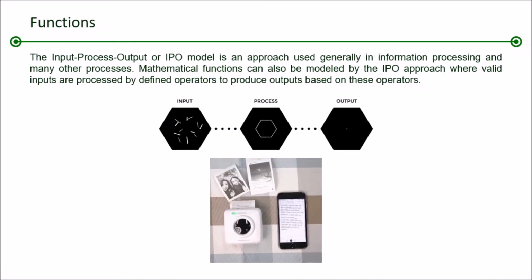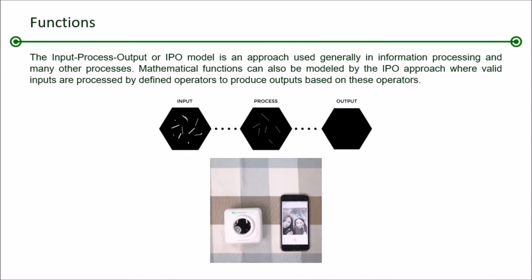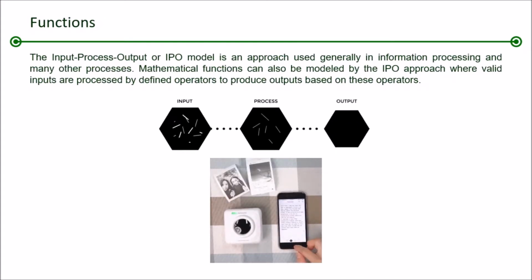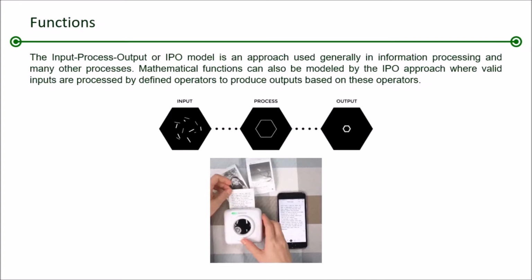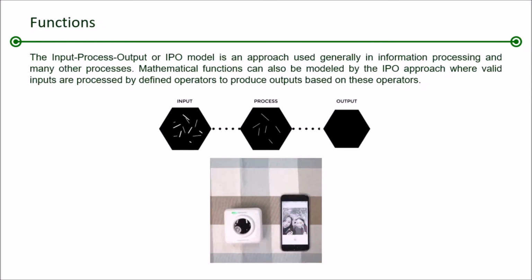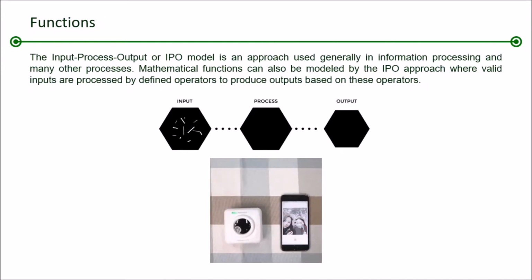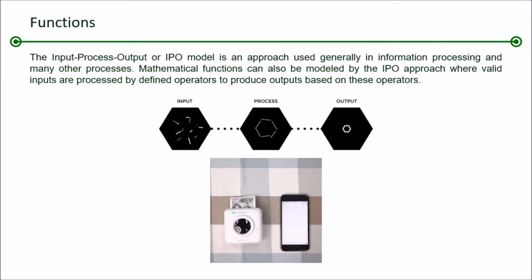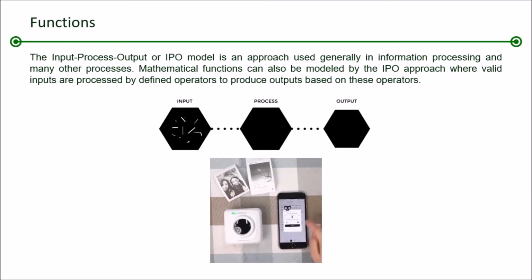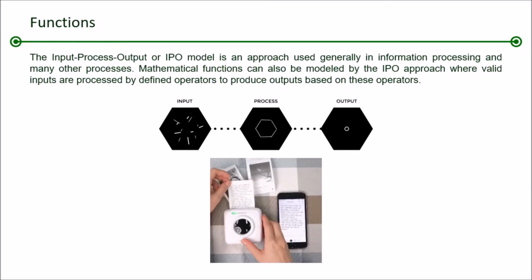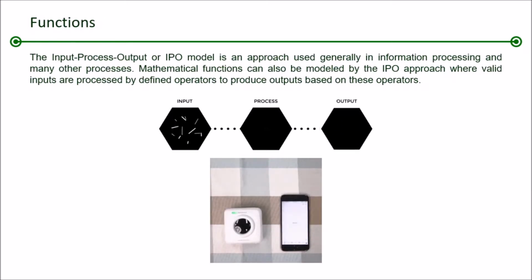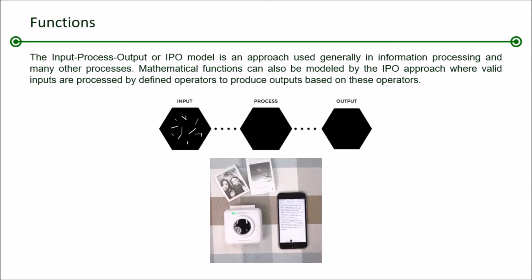To illustrate, the figure below shows the IPO process applied to taking a photo or document and having it printed. The input would be the screenshot of the document or when the photo is taken. The process involves all necessary procedures prior to printing, which may include editing, cropping of pictures, transmission of data from the phone to the printer, etc. The output is the actual printed photo or document.